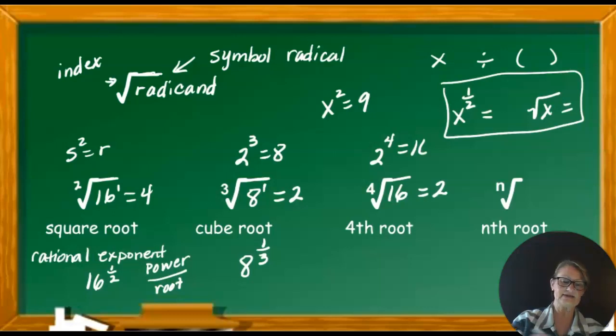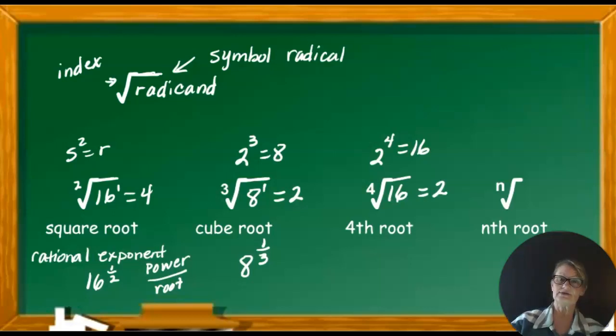It's the same thing as the square root. My next question to you is then, what would be the rational exponent for the 4th root? I would write it as 16 to the 1/4. See how that works? Again, because this is the number 1.